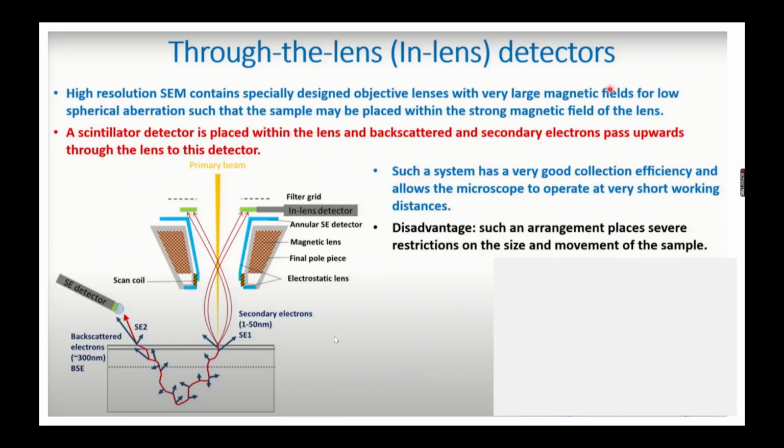In a further slide, we will also be seeing what the role of your working distance is, and how it can impact your resolution and your imaging. In the in-lens detector, the disadvantage is only that this arrangement places several restrictions on the size and the movement of your sample.